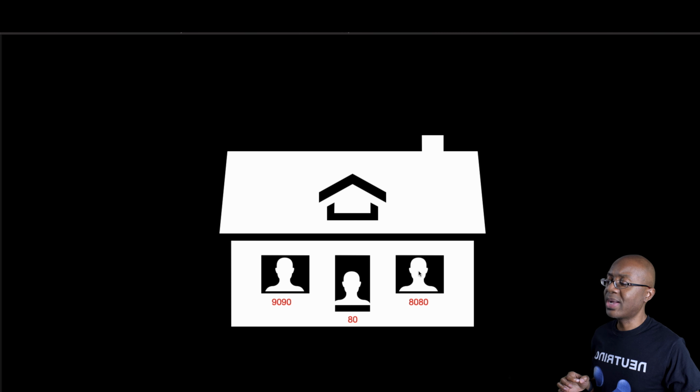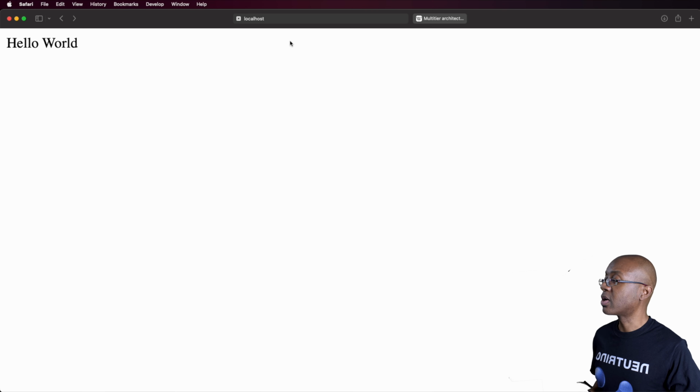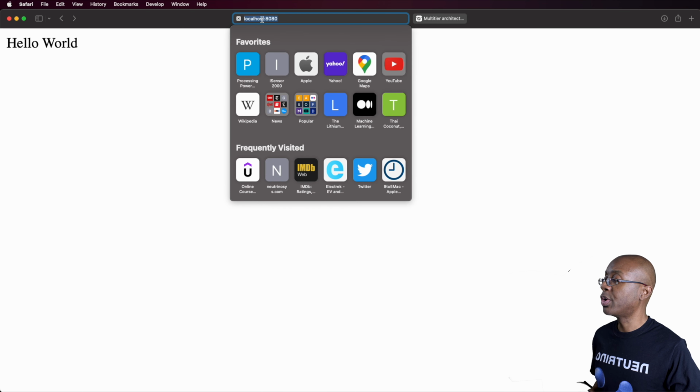They sit here and they wait for a request to come to them, and that request will come to them because the request will state which port it's for. So back over here, when we typed in localhost:8080, what we were doing was specifying a port on the local computer, 8080, and there should be a program running that is listening on that port.